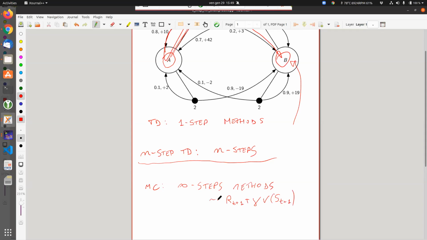Remember what is this that I just wrote? This is the TD target, right? Can you tell me the two-step TD target?